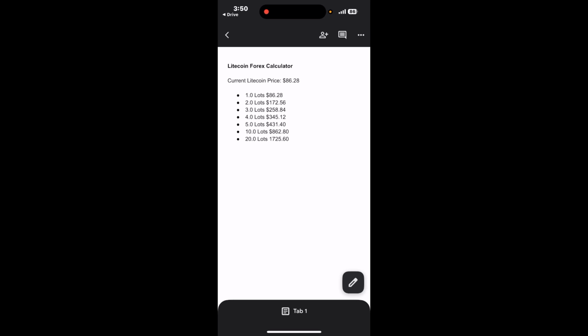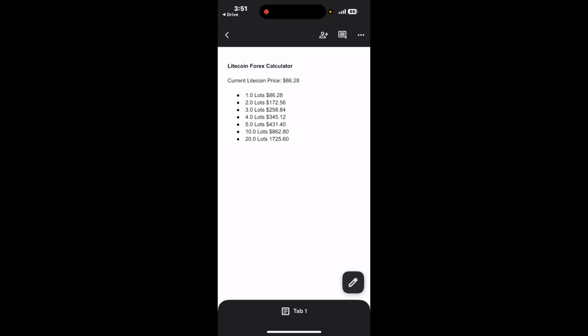So if the value of Litecoin starts going up for this formula, you're going to have to go down on your lots. Let's say the price of Litecoin goes to 1,200 or something like that, and your balance is 1,200, you're going to have to go back down to one lot until the price comes back down again. So that's kind of how you scale your lots.